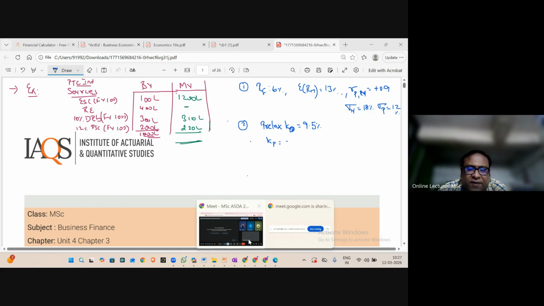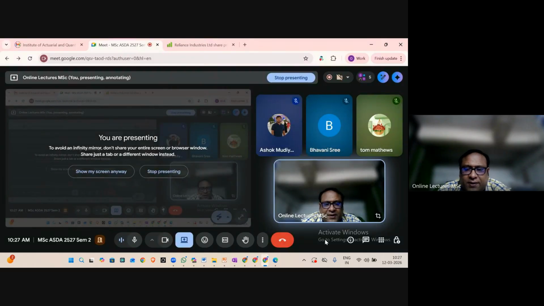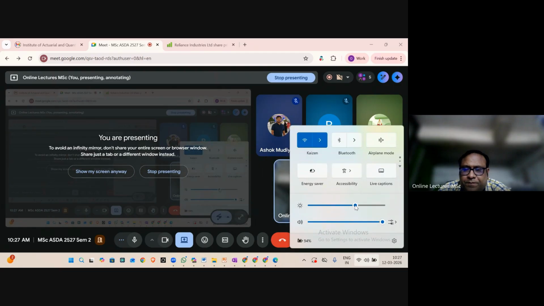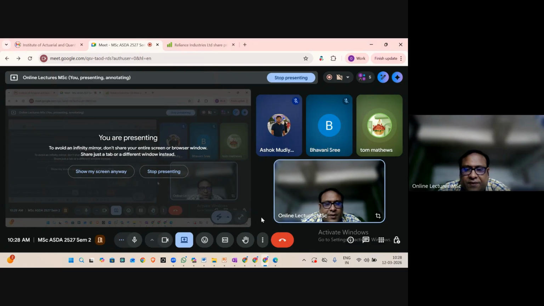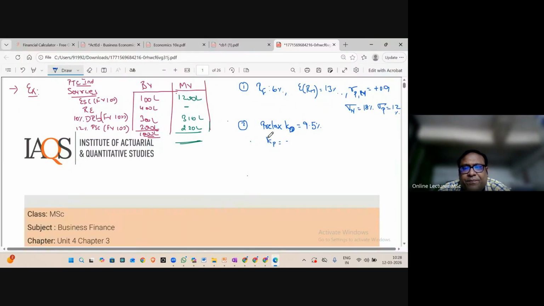Tom, we had done that YTM approach, IRR approach to find the KD and the KP. Yeah, we had done it. So I'll just give the data directly. Pre-tax KD is 9.5% and KP is 11.7%. Corporate tax rate is also given. Let's assume 25%. I think this is sufficient for you.